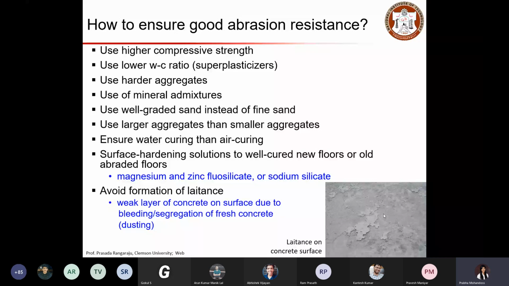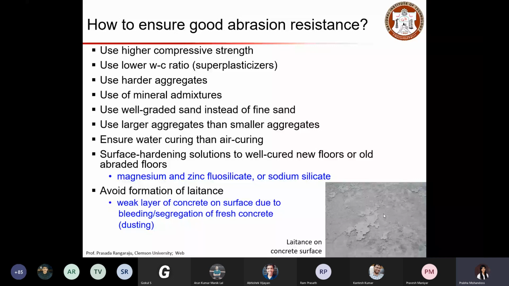And ensure water curing rather than air curing. For any durability issues, you have to ensure that you are doing adequate water curing to get a proper structure with less permeability. That is why curing plays a major role in ensuring the durability of your concrete.